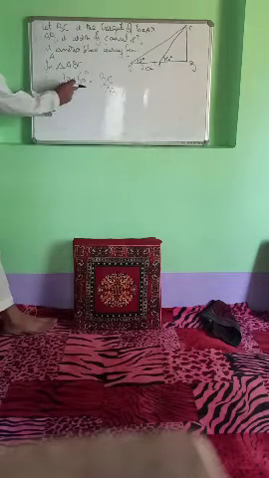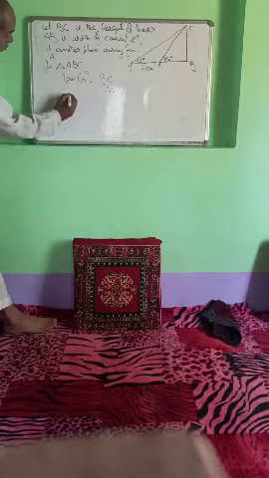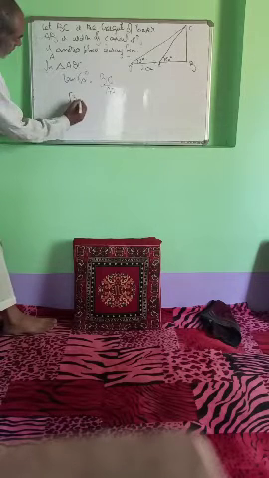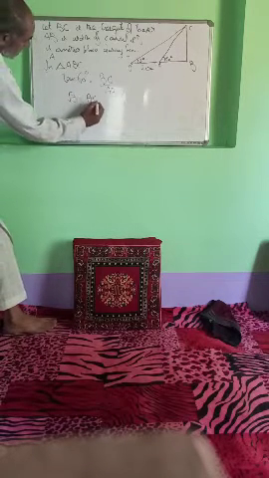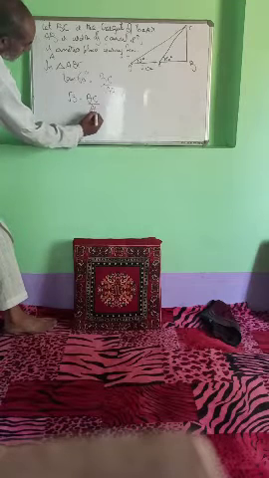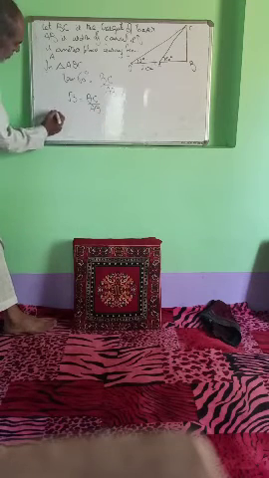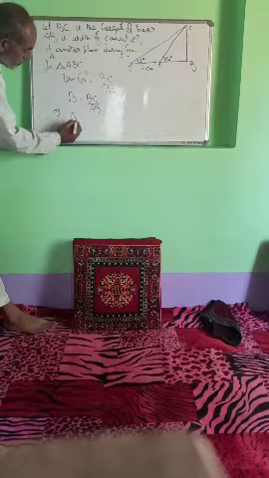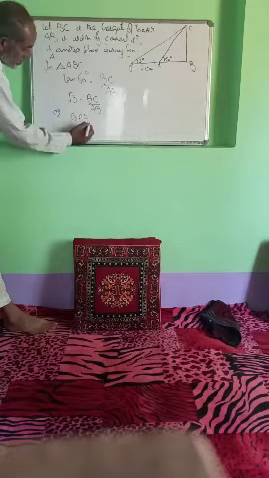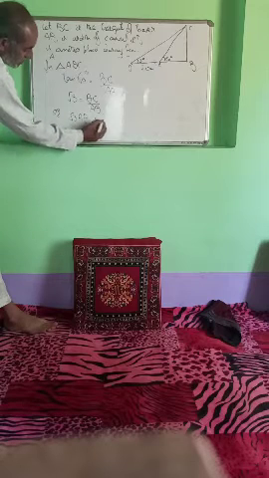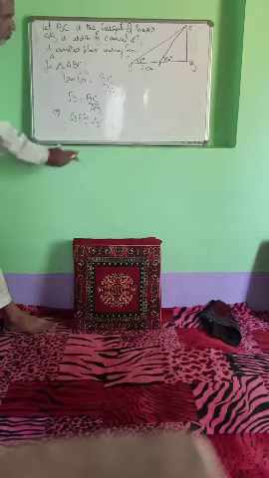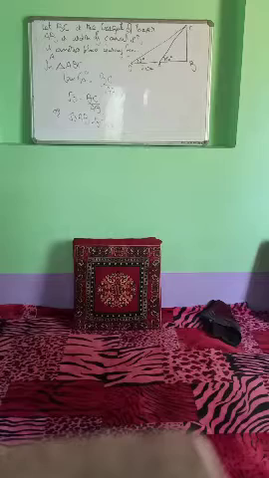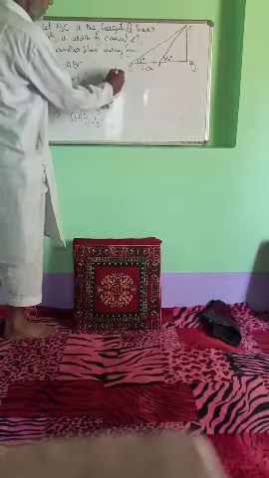So root 3 is equal to BC divided by AB, or with a slight transposition, we get root 3 into AB is equal to BC. We will mark this as the first equation because we have to use it later. Now we will proceed further.